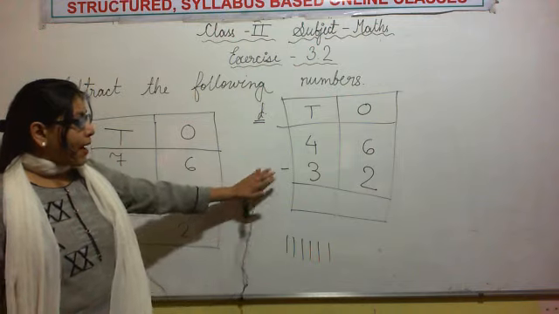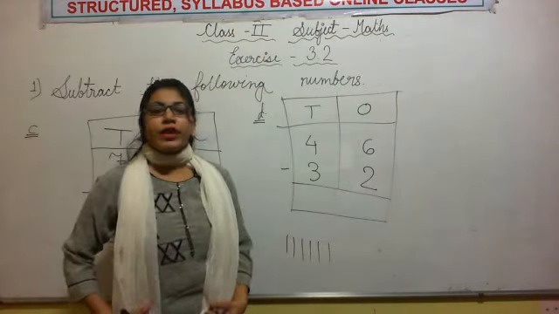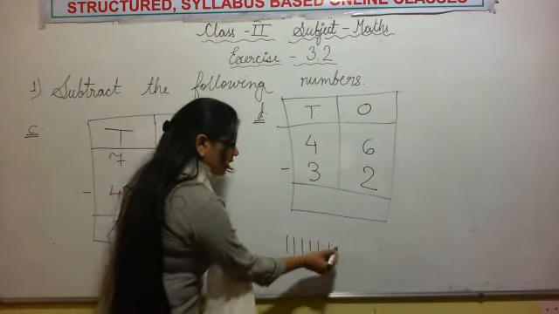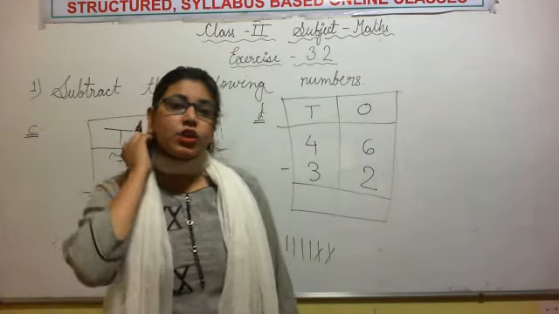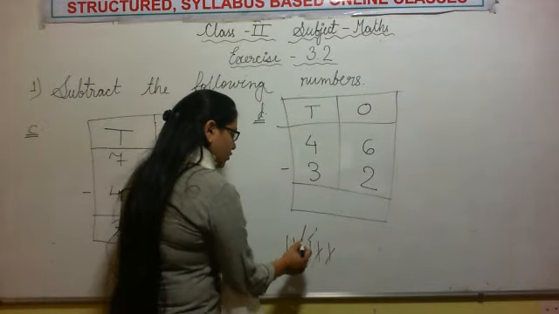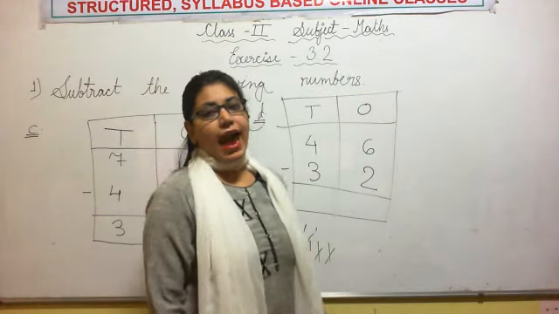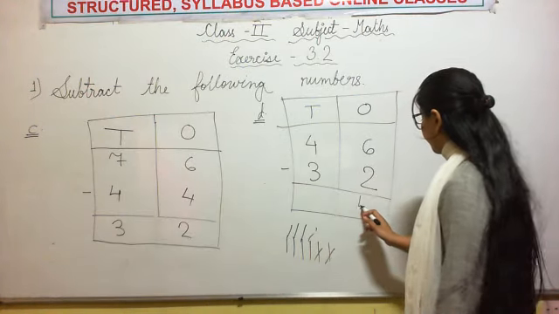Now, minus 2 is there. So we will cancel 2 sticks. Let us cancel 1 and 2. Now we have cancelled 2 sticks. Now we will count the remaining sticks. 1, 2, 3, 4. 4 sticks are left. So we will write the number 4.